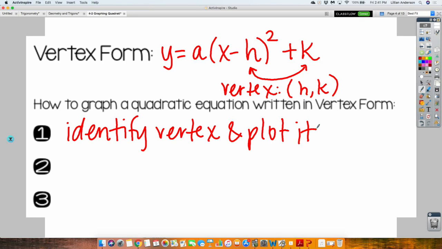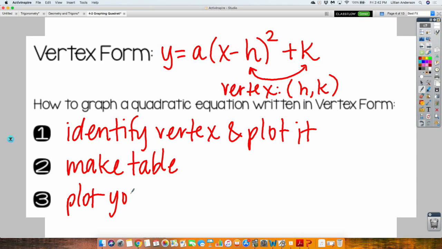Afterwards, you can make a table and plot your points, or use the pattern.